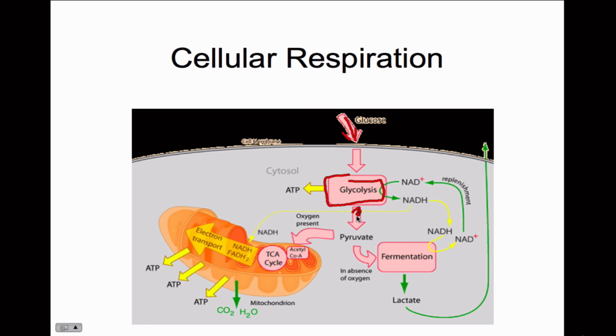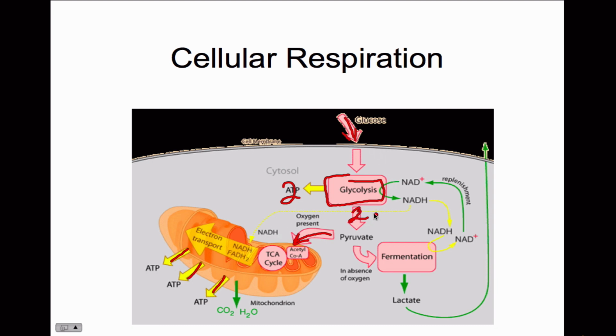So we have 2 pyruvate molecules, and a couple of ATP molecules generated from glycolysis. Those go into the mitochondria. They go through the Krebs cycle. This TCA cycle right here is indicating the Krebs cycle. And then the electron transport chain, and they're showing that lots of ATP is generated here.